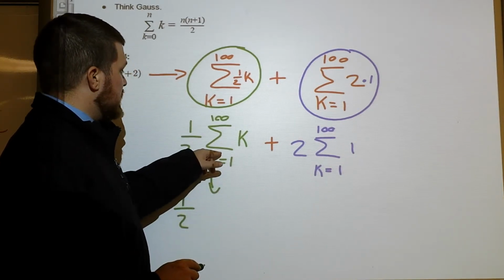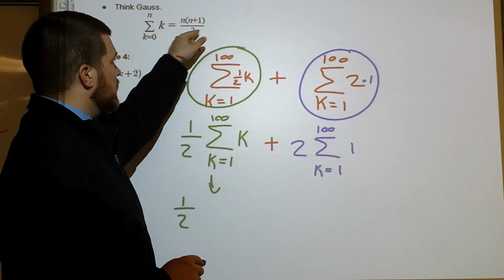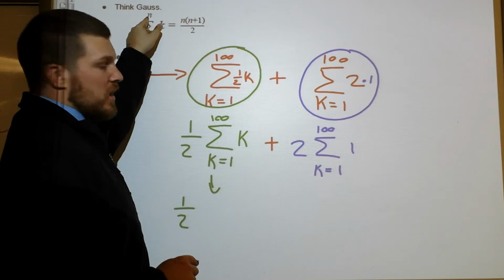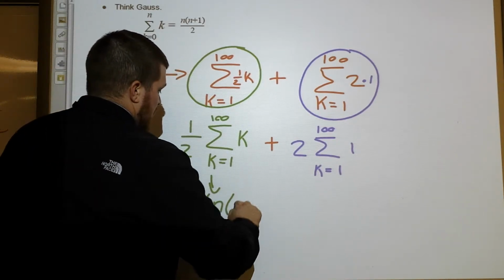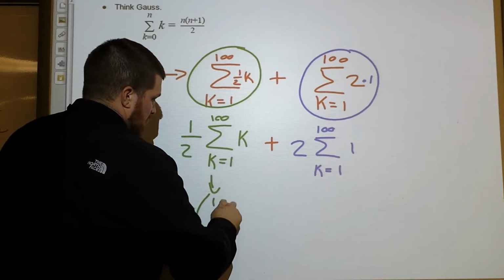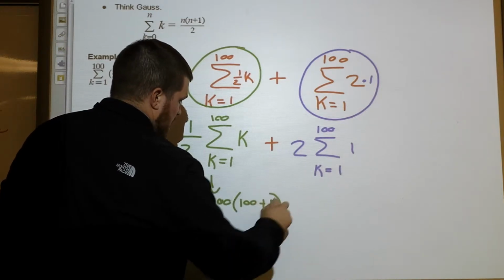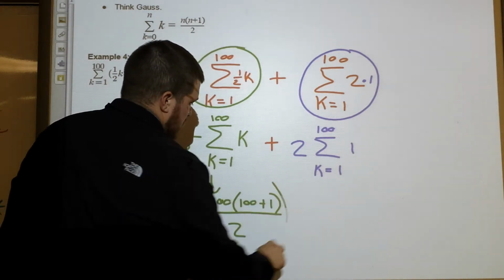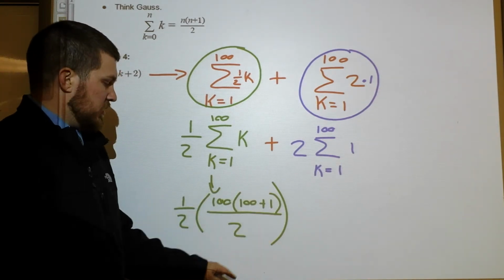Now, we just had a rule that said if we're adding up a bunch of numbers, it's n times n plus 1 divided by 2, where n is our number on the top. So we're going to call that n, or sorry, 100. 100 plus 1, and all of that divided by 2. Now, since all of this is pretty complicated, I put it inside the big parentheses here.